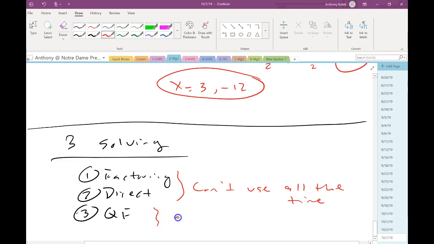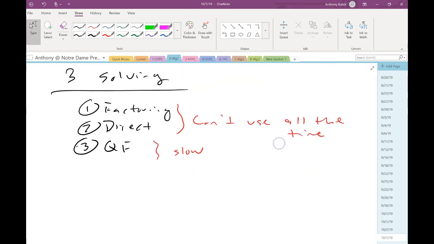This you can use all the time, but it's kind of slow. Does that help rein in the last couple of days together into one little piece of note?